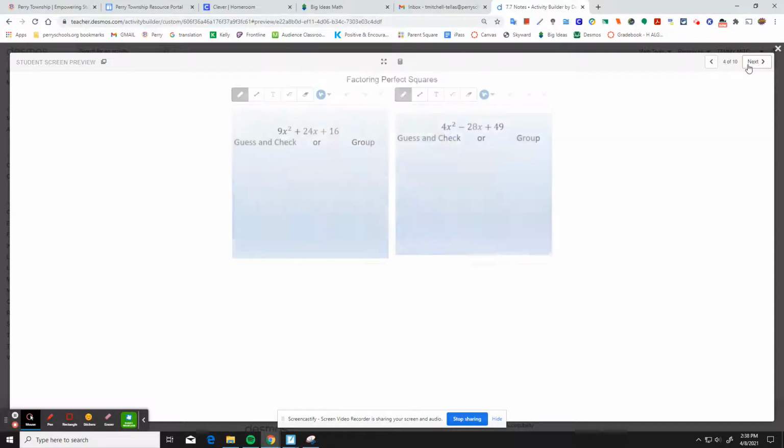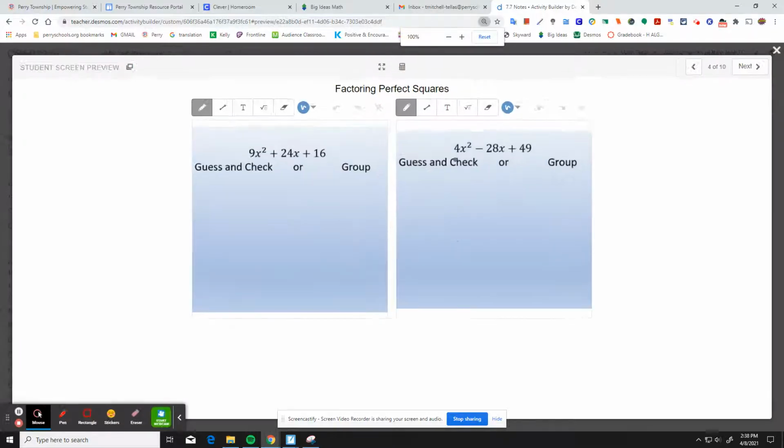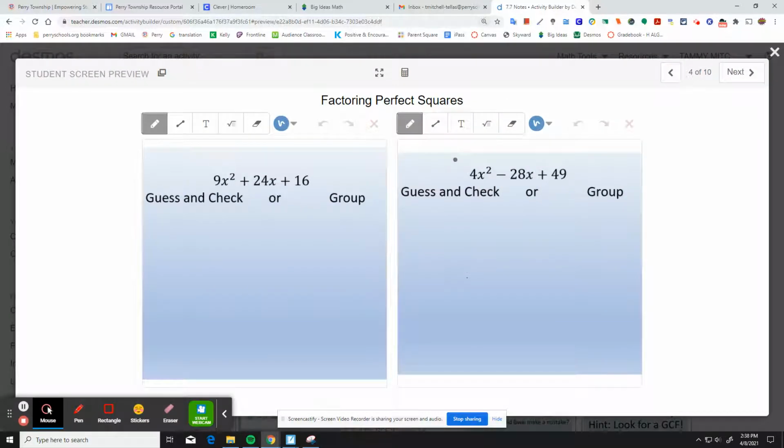Okay, cool. So we are going to factor then. Let me make this a little bigger. Oh yeah, cool. I can make this a little bit bigger, and let's go ahead and factor. I'm going to guess and check because I think that's easier for me.